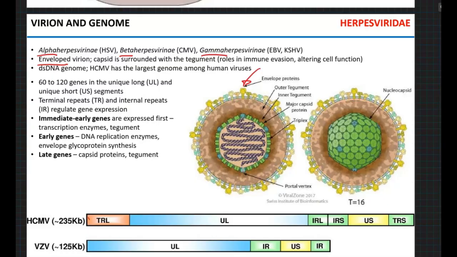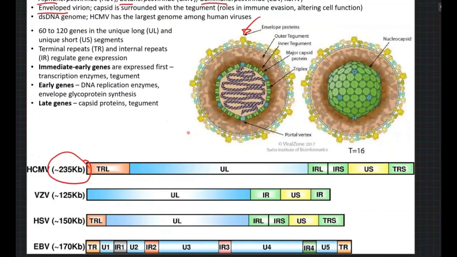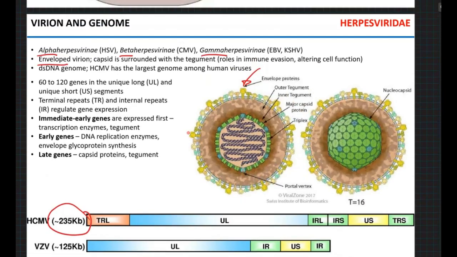And they have an enormous genome. Don't memorize any numbers. Please do not memorize the structure of the genome. Just follow what I'm telling you. The genome is double-stranded DNA. Okay? They have quite a few genes, up to 120.